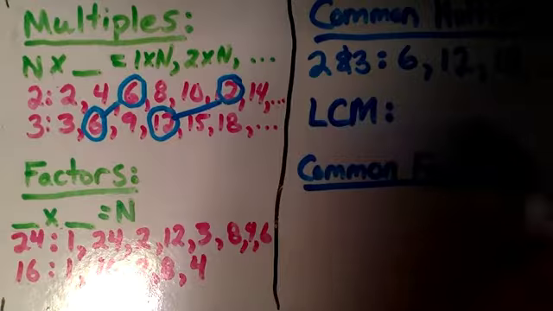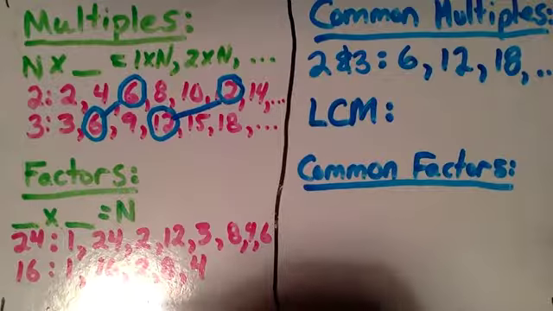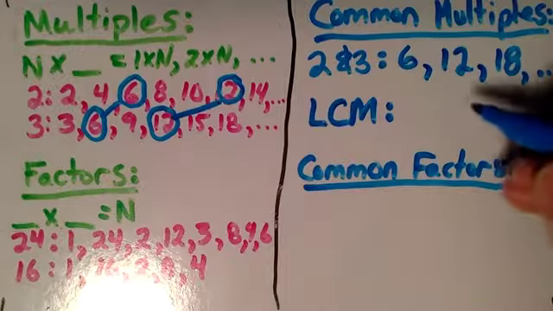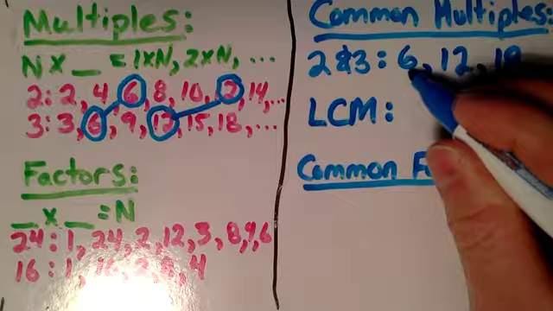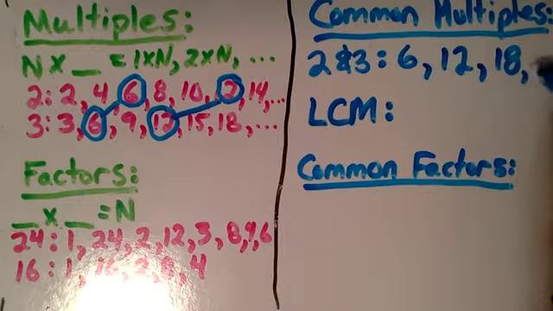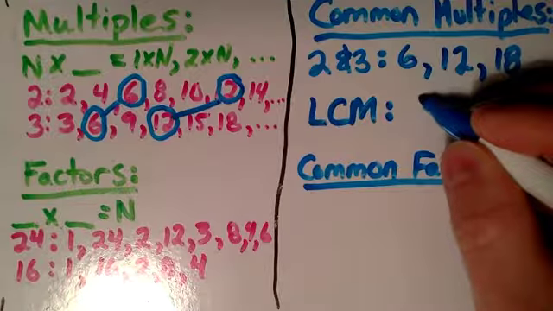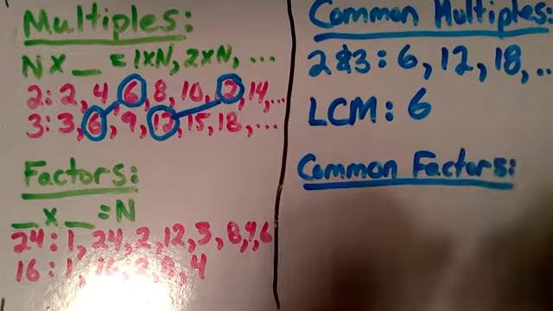All least common multiple is asking is what's the lowest number that is a common multiple of 2 and 3 in this case. So we know that that is going to be the number 6, because 6 is smaller than 12 and smaller than 18 and all these other numbers that keep going. So 6 is the least common multiple of those.